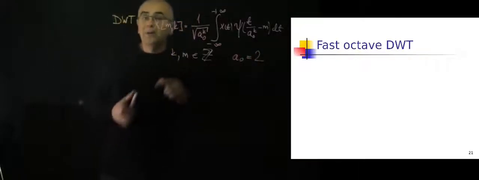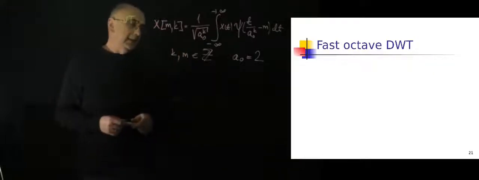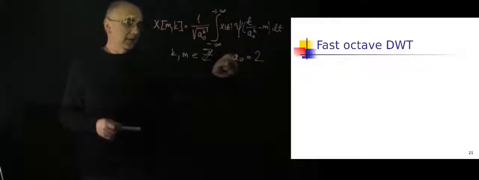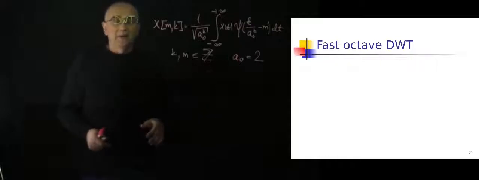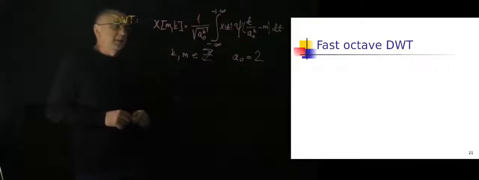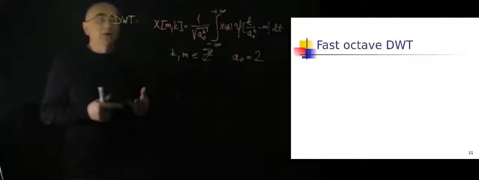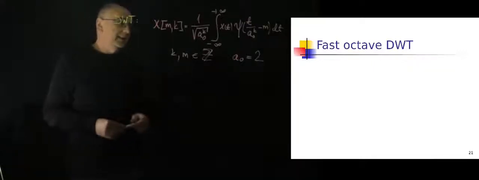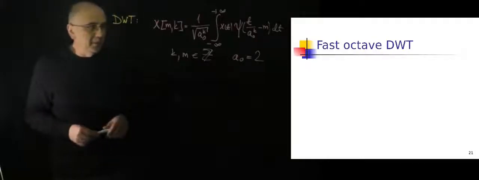It's not going to be enough to analyze music or to find out which tones were in the play, but I mean A0 equals 2 corresponds to the whole octaves in the piano, for example. But it is pretty good for compression, denoising, and a lot of other applications that actually can be realized using wavelet filter banks.